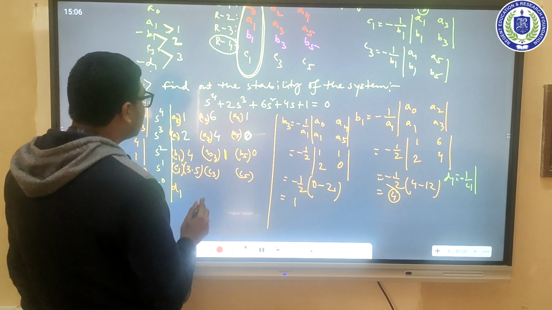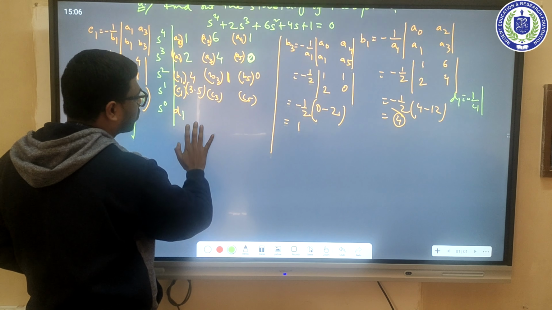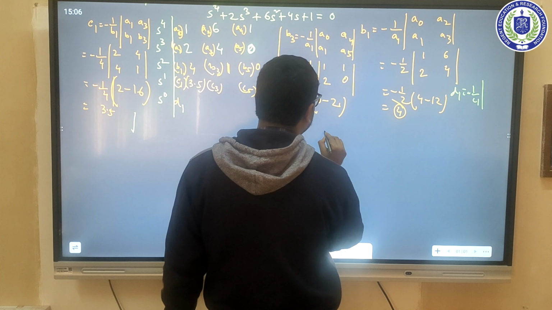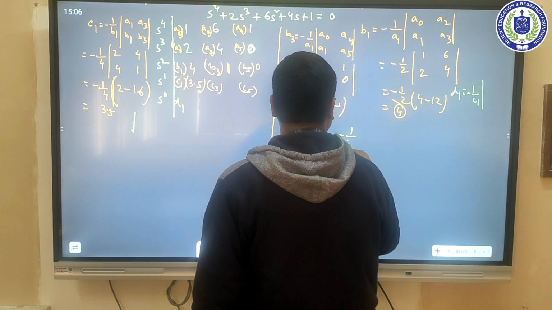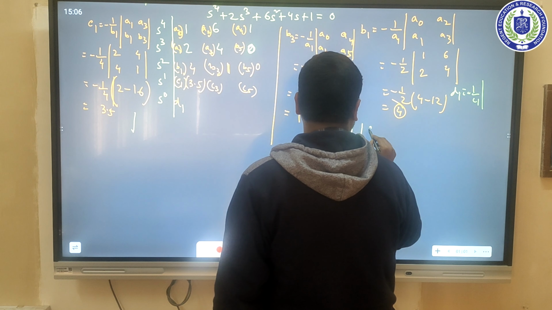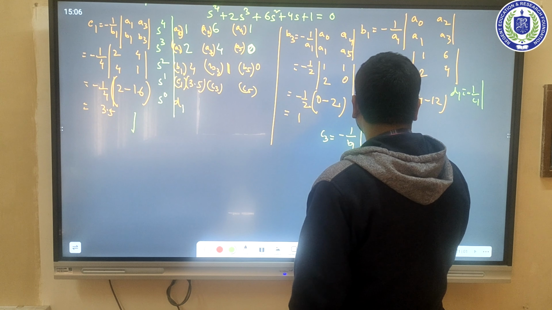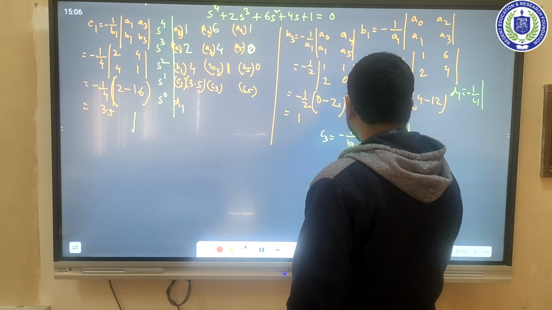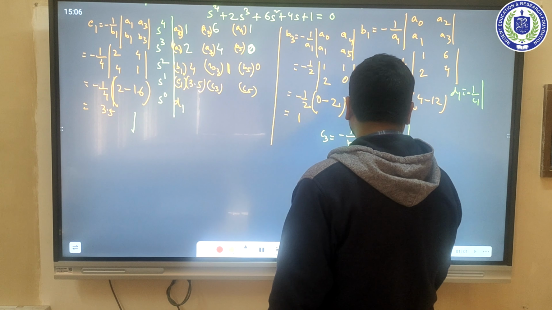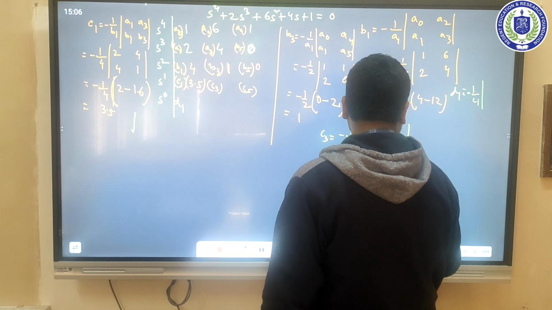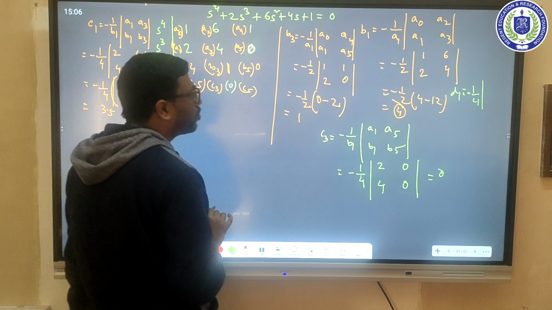C3 is equal to minus 1 by B1, the determinant of A1, B1, A5, B5. B1 is 4. A1 is 2. So 2, 4. A5 is 0, and B5 is 0. So it comes out to be 0. So C3 is also 0.